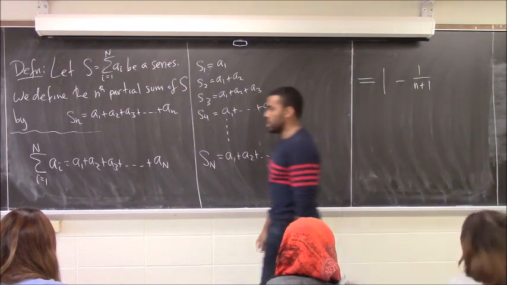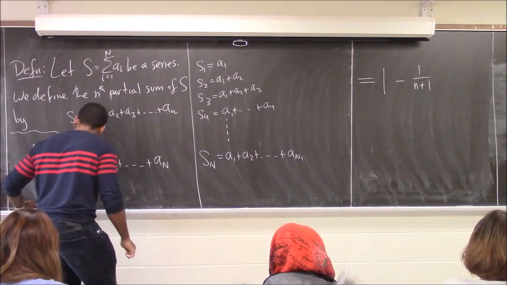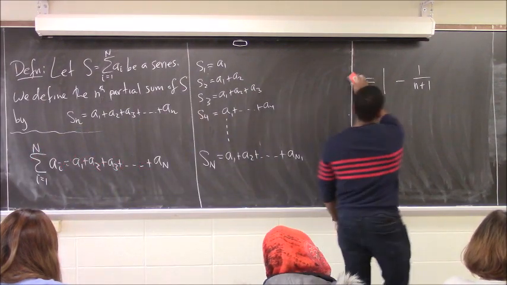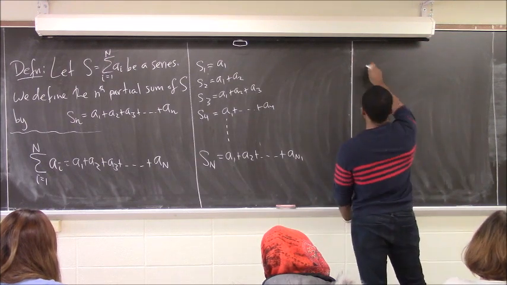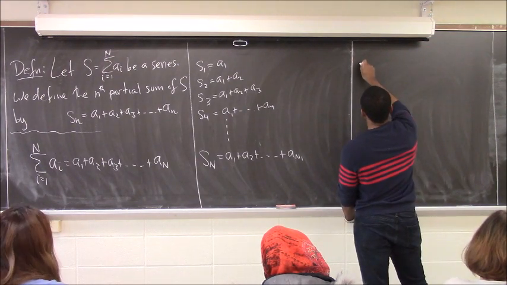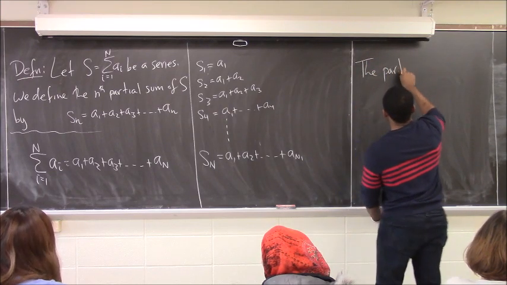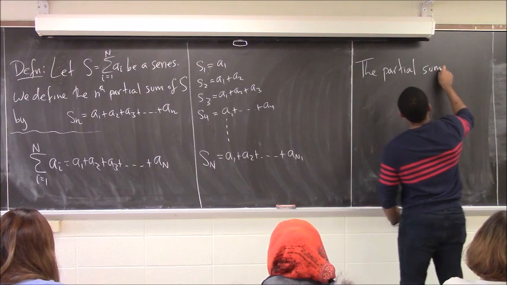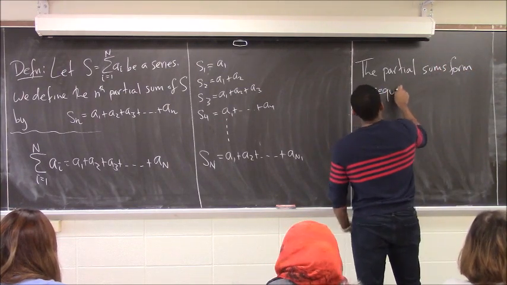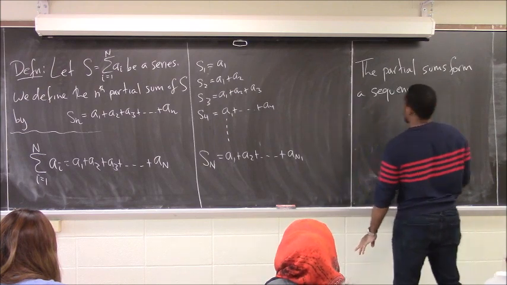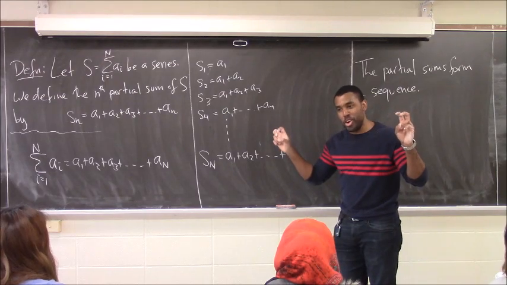Now what you would notice about the partial sums is the following. The partial sums will form a sequence that we can talk about, and this sequence is called the sequence of partial sums.